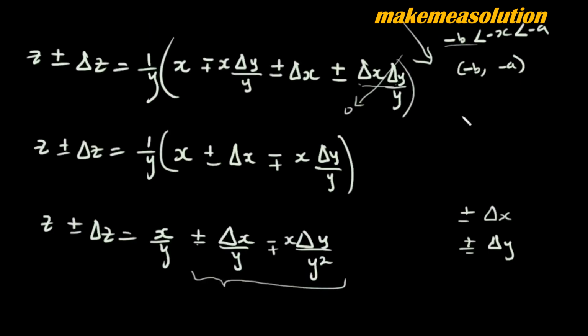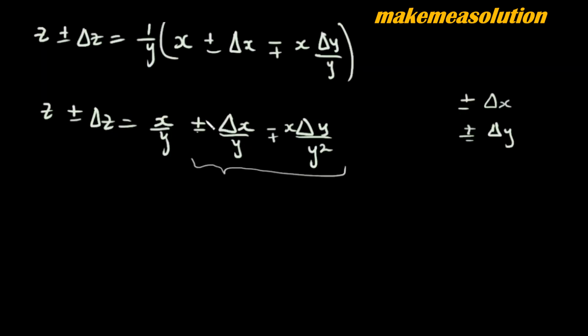Now what happens to this term and this term over here? What do you think will happen to them eventually? Well, actually these magnitudes will still eventually add up because these are magnitude terms. Okay, and if you want to understand it, you have to remember propagation of errors in addition and subtraction.